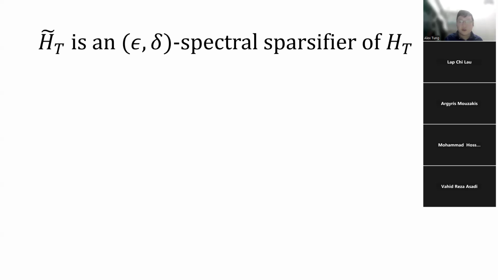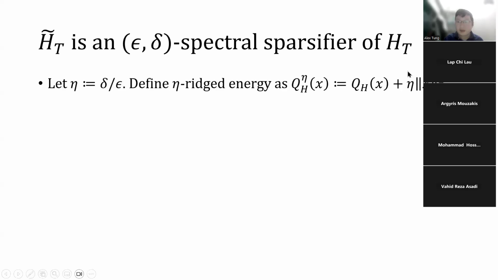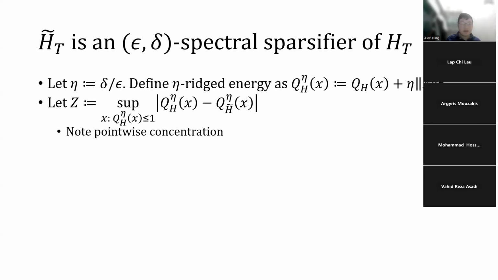Okay. So for the first one, we're gonna define this eta-ridged energy. So basically, QH of x plus eta times the squared norm of x. And then we will define this Z to be sort of the maximum error between the ridged energy of H and that of the sparsifier H tilde.